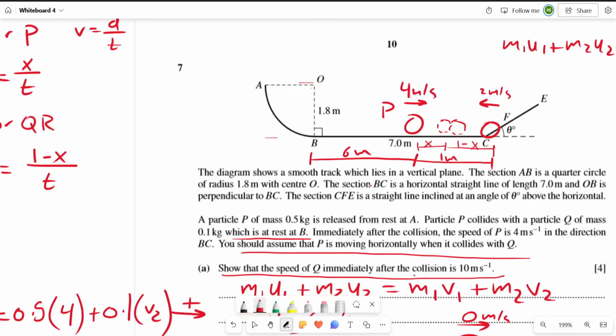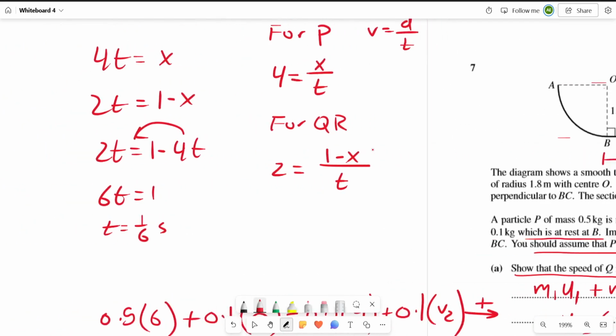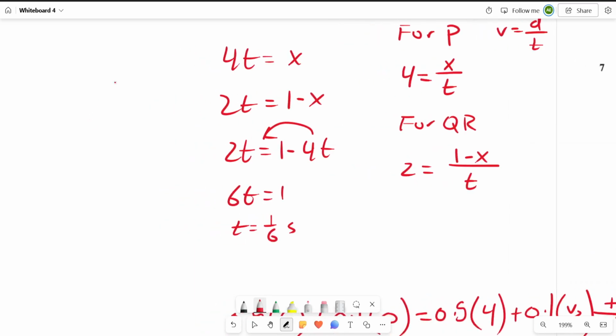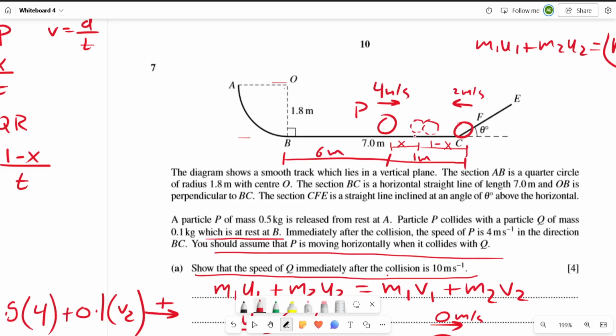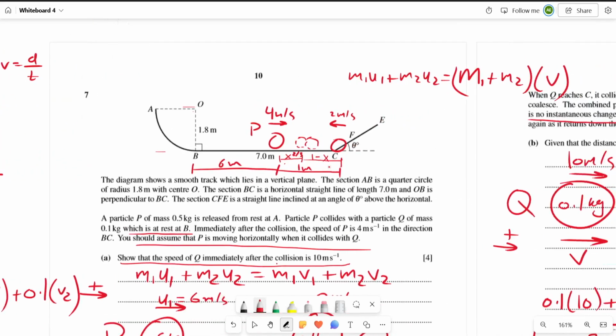So that's the time it took from this moment until the collision. Now to solve the final question, we just need to find x. x is 4 times t, which is 4 times 1 over 6, which equals 2 over 3 meters. The question wants the total distance from B to the collision.